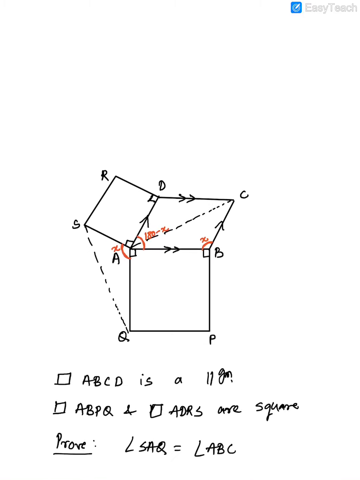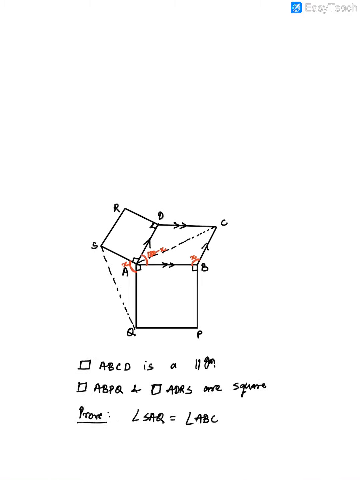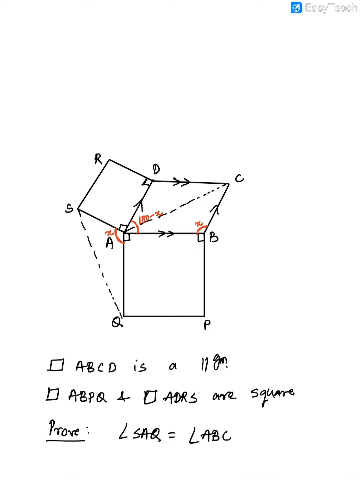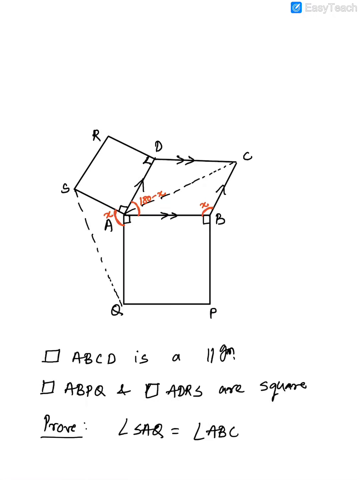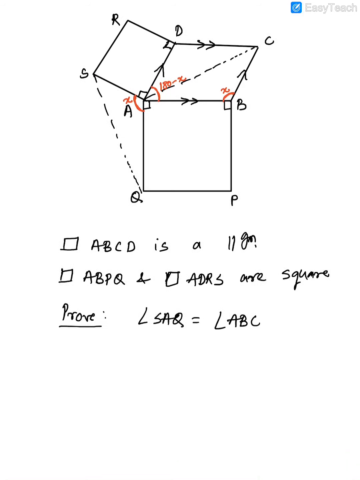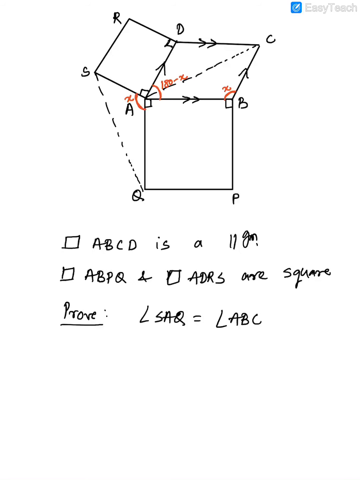Now guys, next part that we have to prove is what? Okay, one minute, I'm just trying to adjust this. So that was the first part of the proving. The second part that they are asking us to prove is prove that SQ is equal to AC. Now how will you prove SQ is equal to AC? So again, it's very obvious.